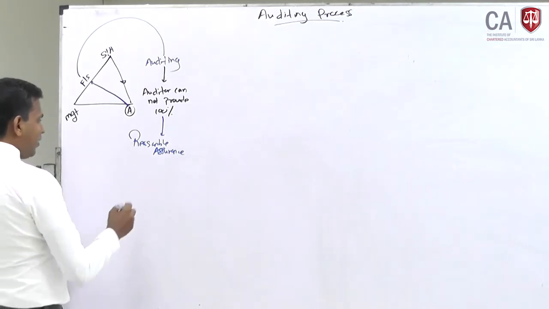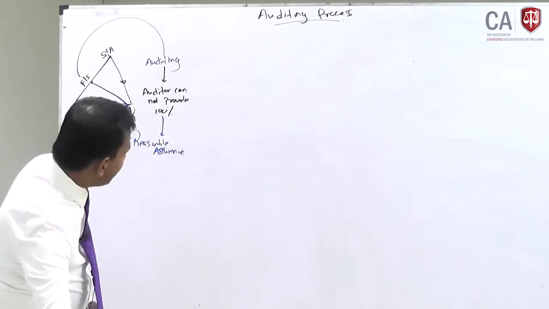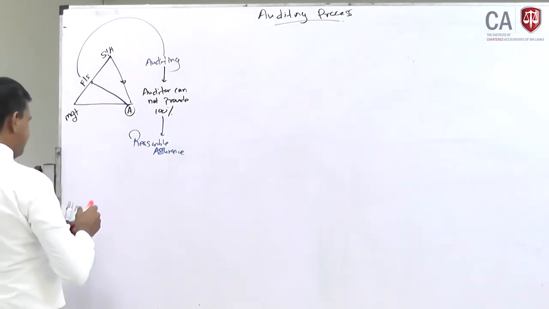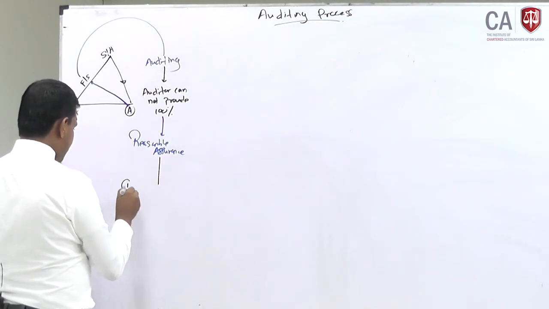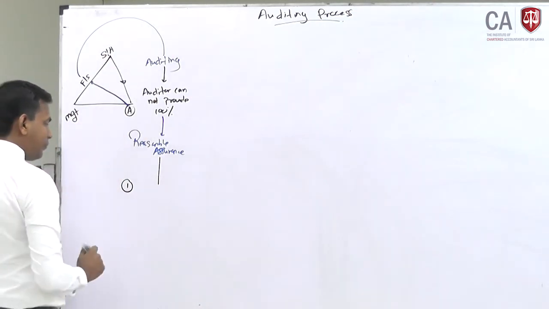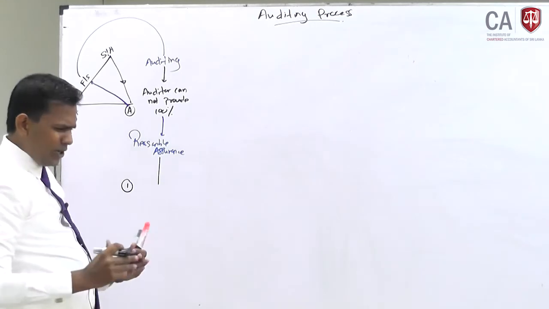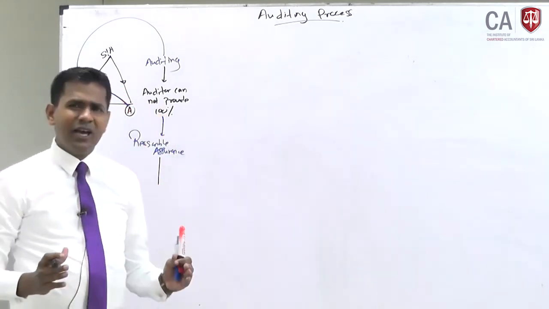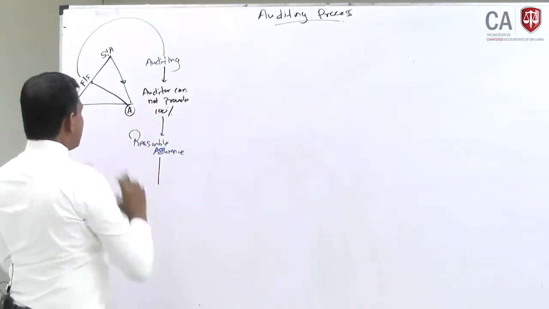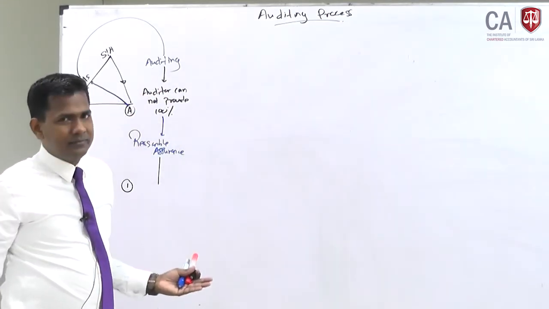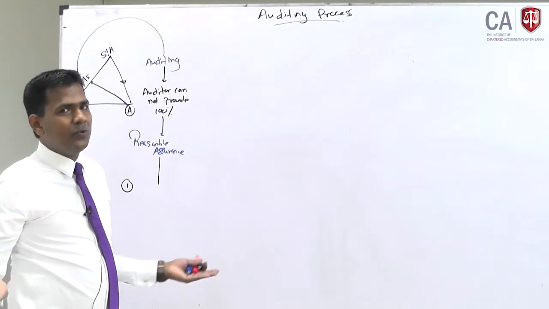The first step in the auditing, right? First step, so this is an introduction. When you are appointed to do something, you need to have a contract. If you don't have a contract, you can't do anything.